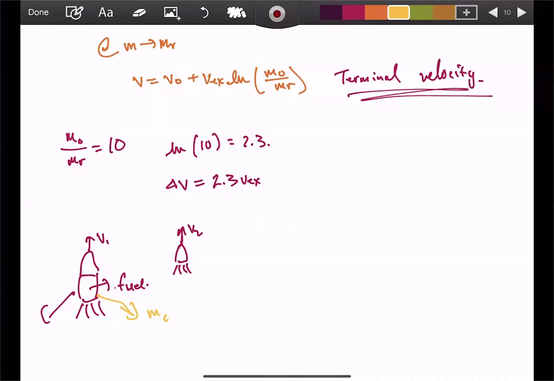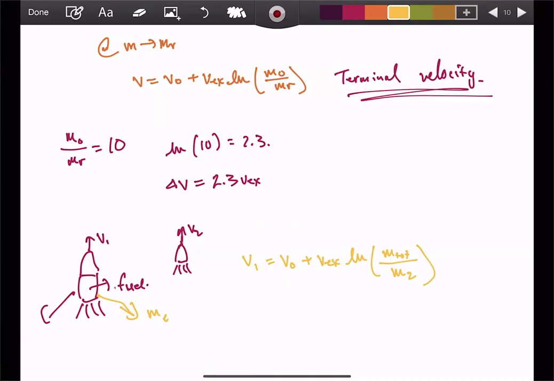During the first stage, the final velocity is going to be the initial velocity plus the expulsion velocity times the natural log of the original total mass, so I'm going to write that as m total over the mass to start the second stage.